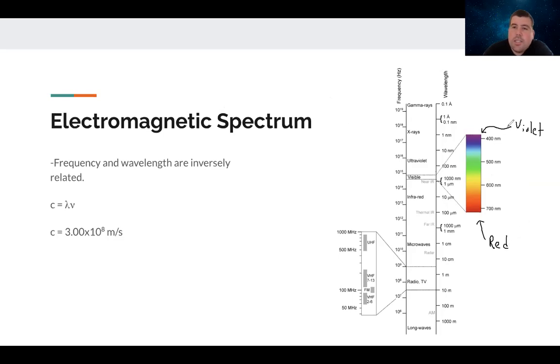One little trick that I like to use, the violet light is next to the ultraviolet. And I've always associated the word ultra with higher energy. So the ultraviolet is near the violet part of the visible spectrum. And infra means below. So it has less or below energy than the red light. Infrared is below red. So that's just one little trick that I like to use when we're thinking about the electromagnetic spectrum.